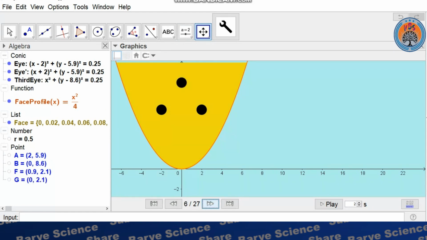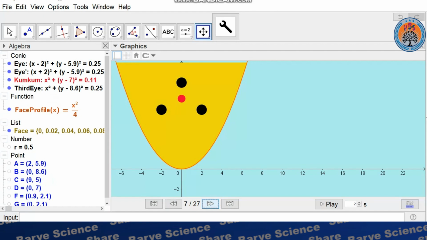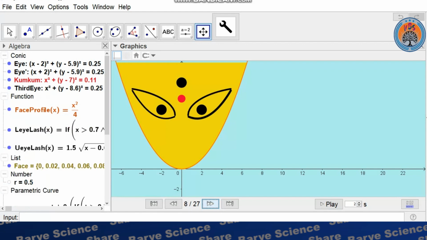Now the third eye happens to be exactly at the middle, so it is on the y-axis and it does not have this particular constant here. Now next I put the bindi, which is also at the center, and now you will get some complicated curve here.